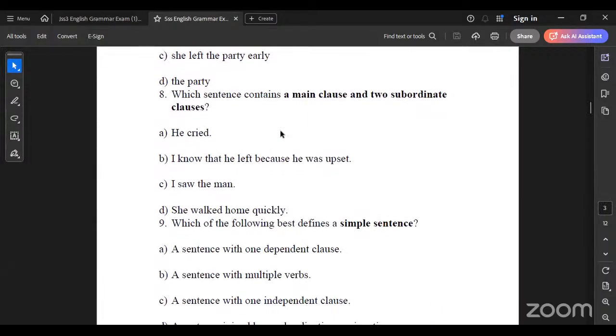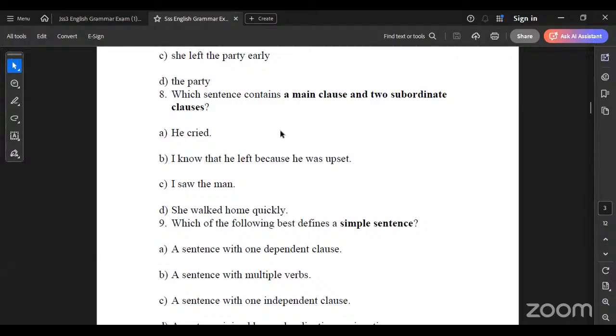All right, next one. E. A main clause and two subordinate clauses.